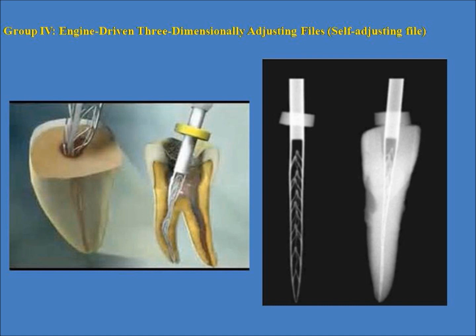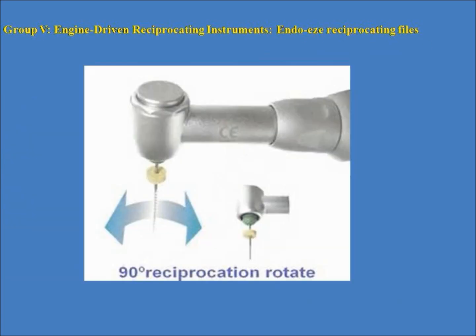The compressed file will adapt itself to the root canal walls, applying a uniform cutting action, gradually removing a uniform dentine layer from the canal walls. There is a continuous flow of irrigant which removes the tissue debris and dentine powder generated by the file.